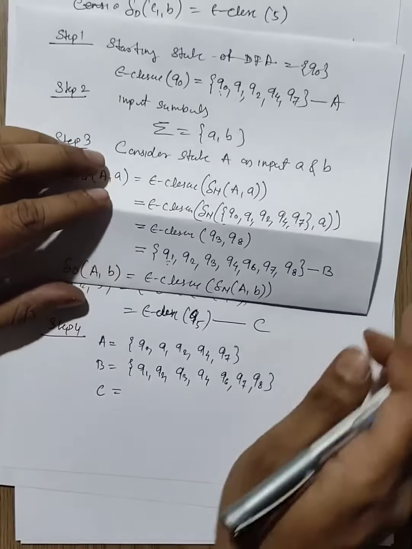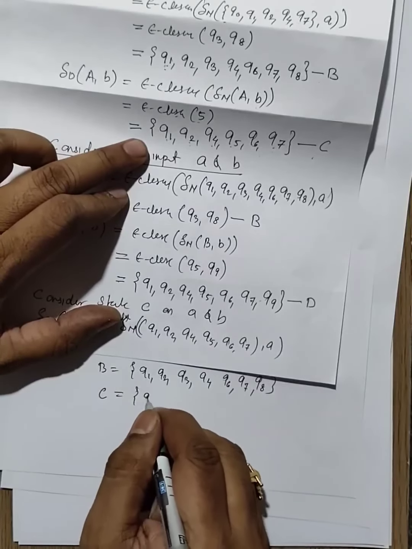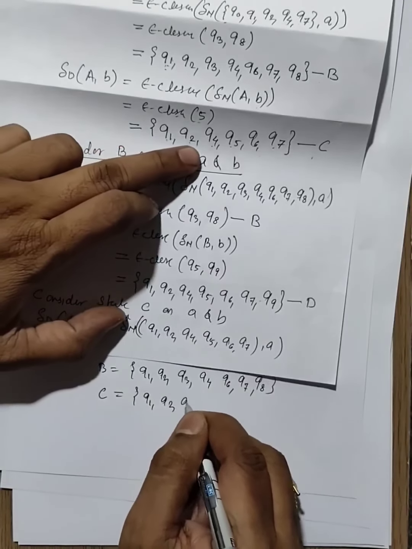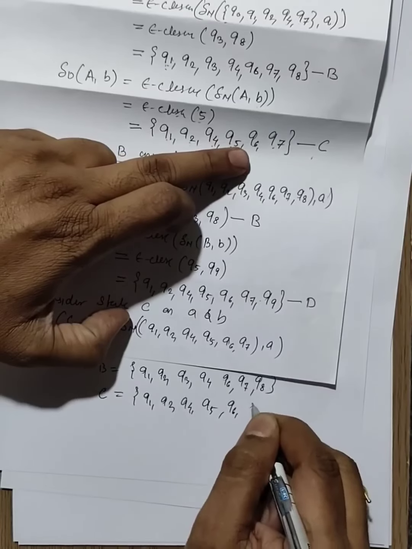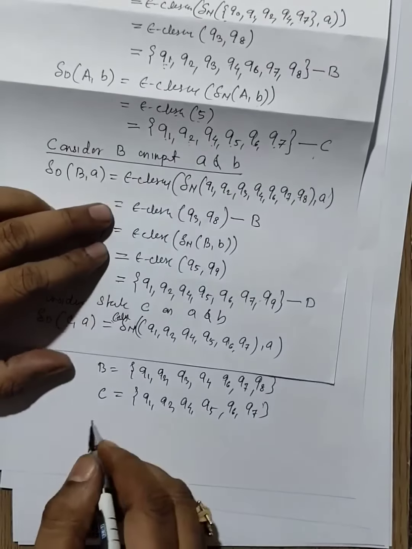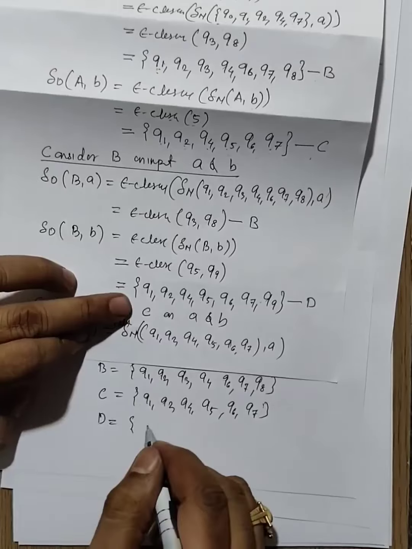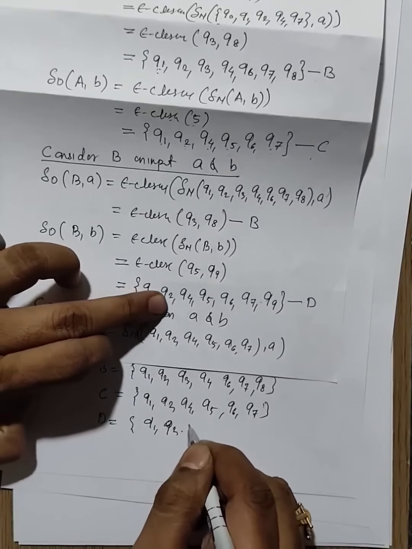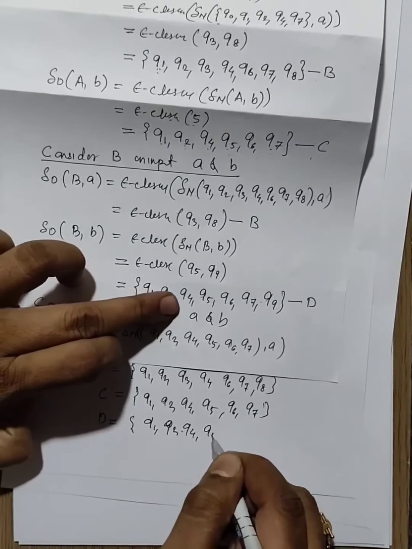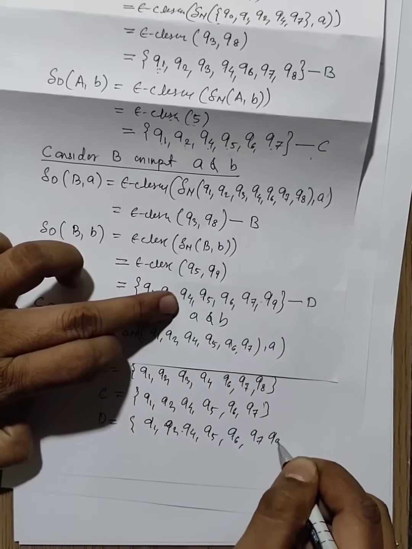Then C. C means this one: Q1, Q2, Q4, Q5, Q6, Q7. This is C. And D. D is Q1, Q2, Q4, Q5, Q6, Q7 and Q9.